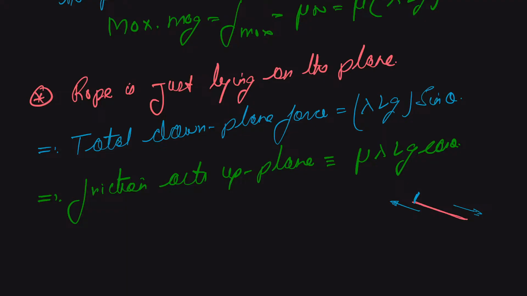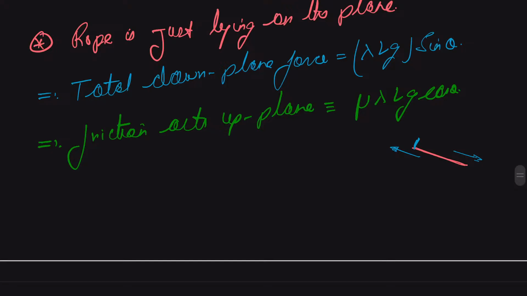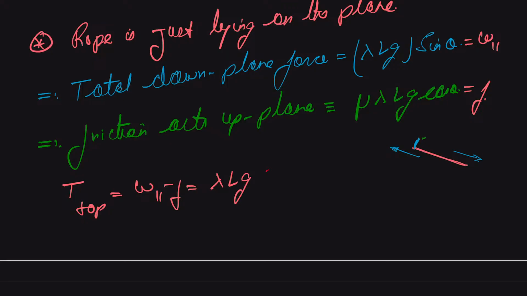Therefore the tension at the top, at the nail, will be equal to the down-plane force, W parallel, minus the frictional force F. So we get lambda L g sine of theta minus mu lambda L g cos of theta. So this is one of the possible cases.